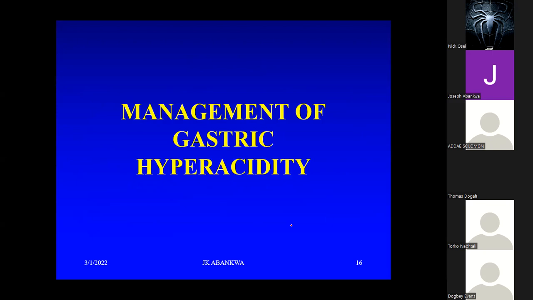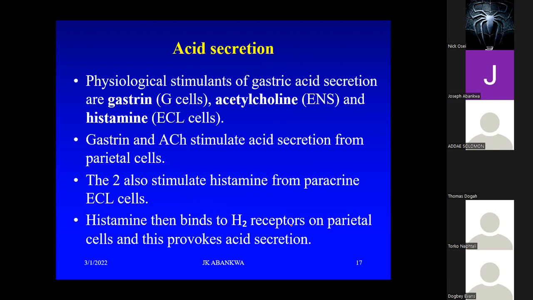Now we look at the treatment options, and that's where my pharmacology comes in. Here we are looking at the management of gastric hyperacidity. If the acid levels are high, how are you going to manage it? In pharmacology, normally we look at what causes the production of gastric acid secretion, and then how do we block it?